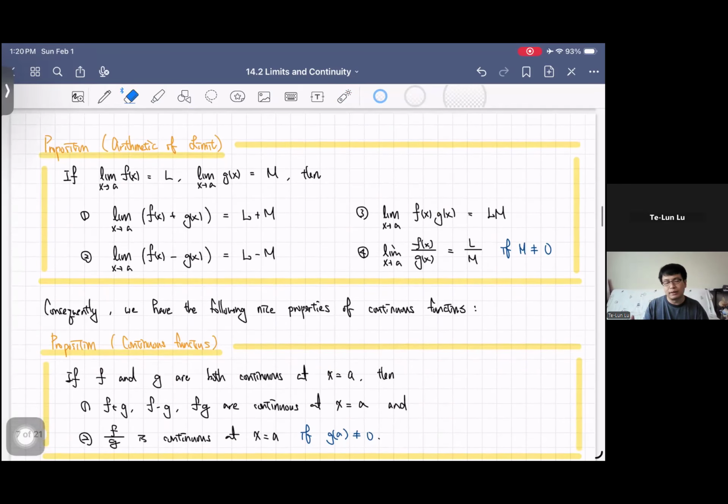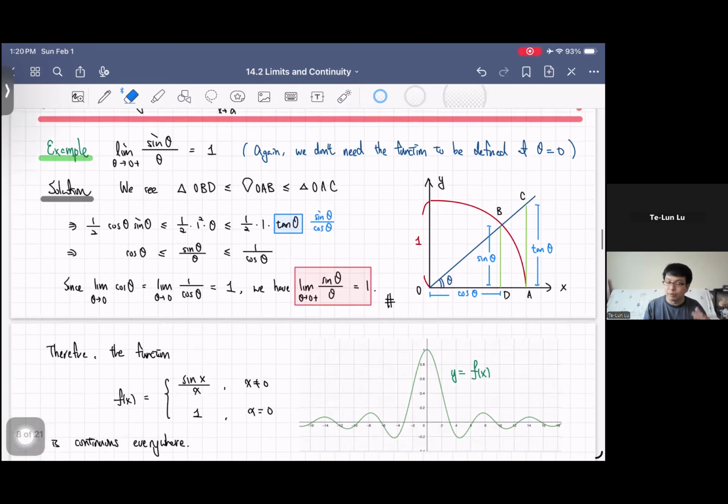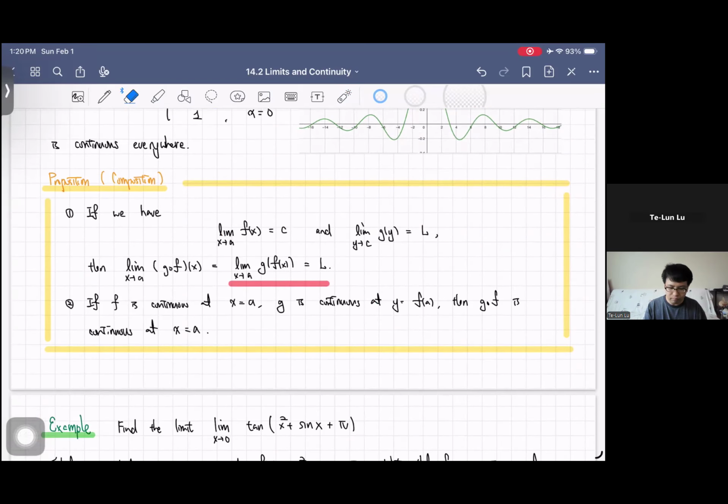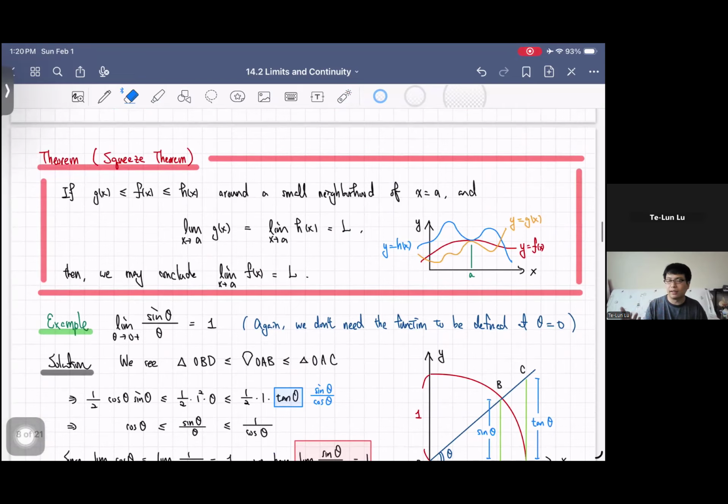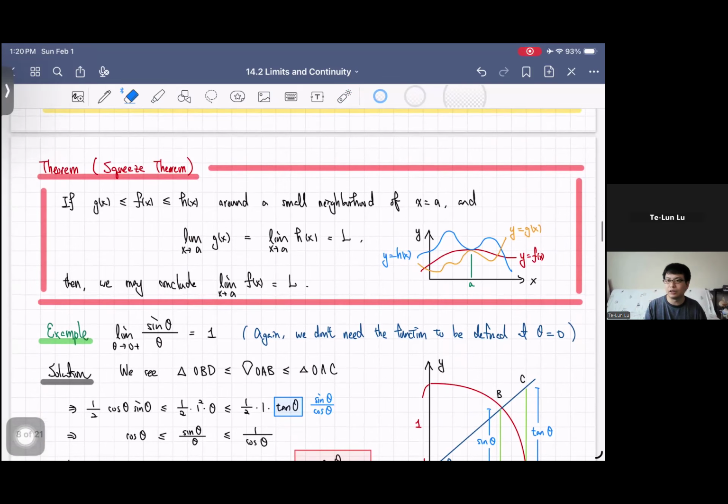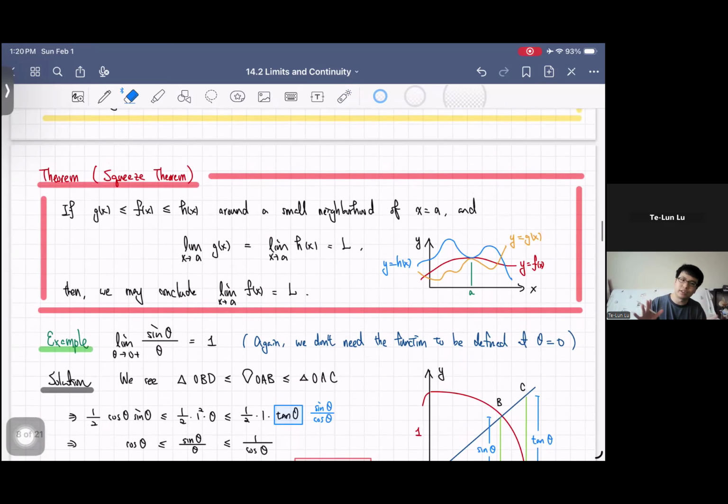And then we saw some arithmetic of limit, stating that the limit behaves nicely under addition, multiplication, subtraction, division, and also composition. Those properties are also satisfied under continuity. So two continuous functions give you a continuous function whenever you're doing addition, subtraction, division, multiplication, and composition.